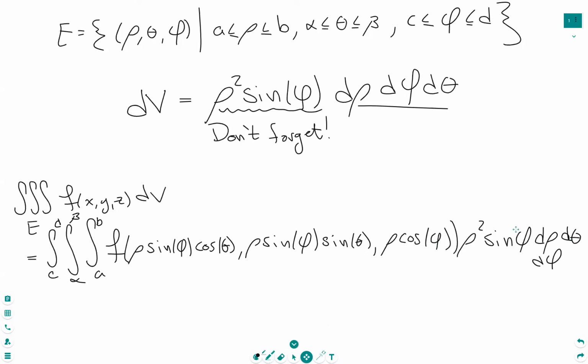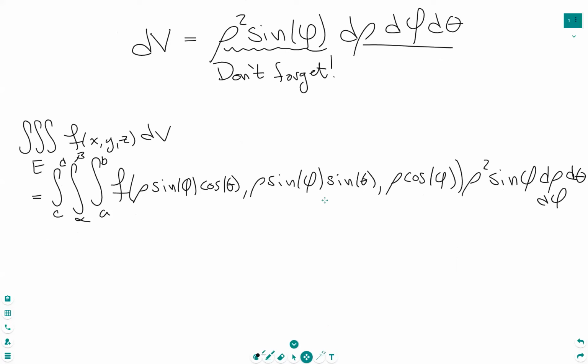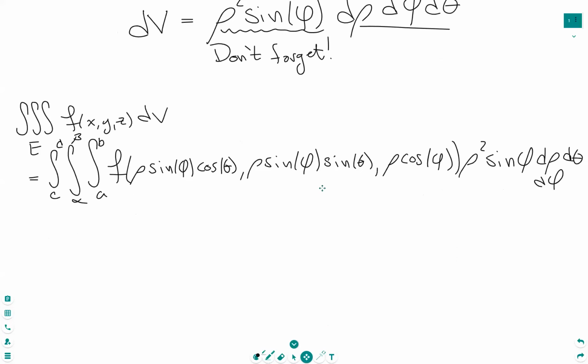So we can't forget this rho squared sine phi whenever we're doing integrals in spherical coordinates. And of course, we learned how to do general regions in Cartesian coordinates and the equivalent for cylindrical coordinates. So it's no surprise that we can do general regions, like these spherical wedges, in spherical coordinates. So let's do an example.